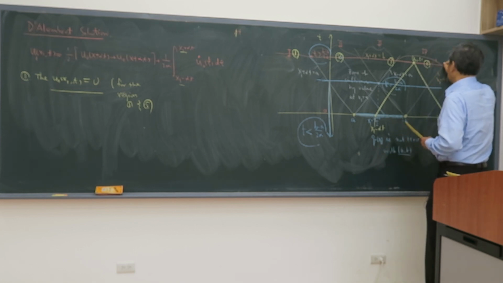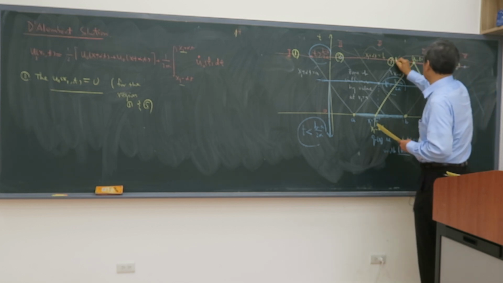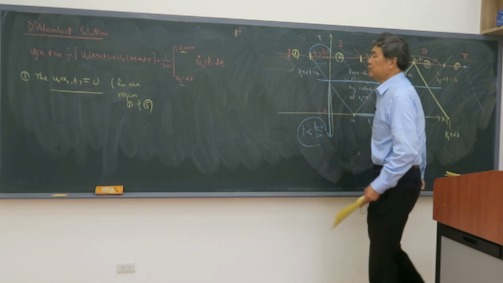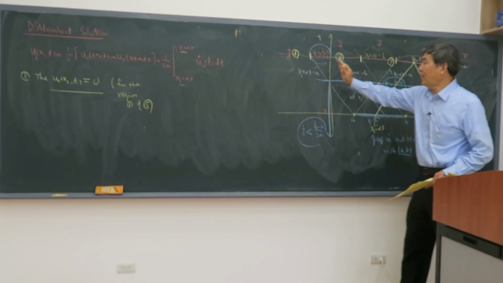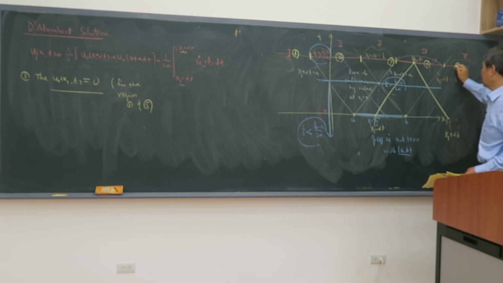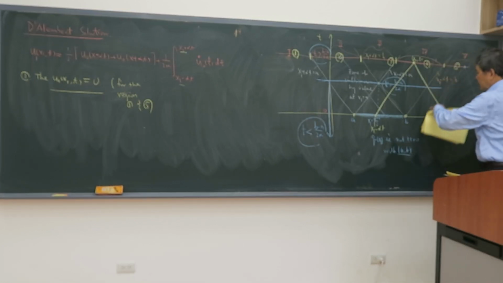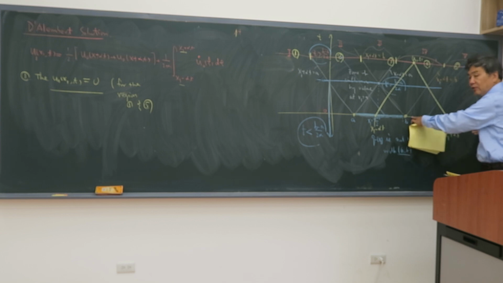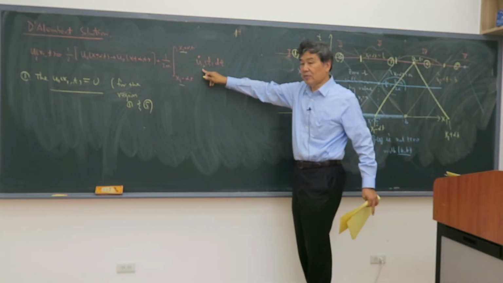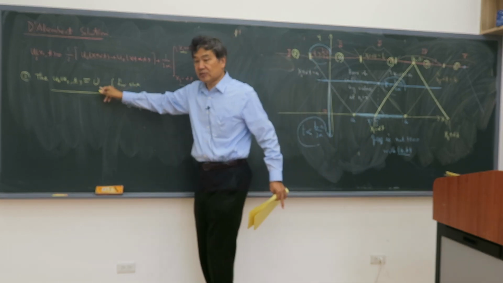Okay, so we have these 5 regions. For 1 and 5, because all the points in the domain of dependence have values of 0, the displacement is 0.